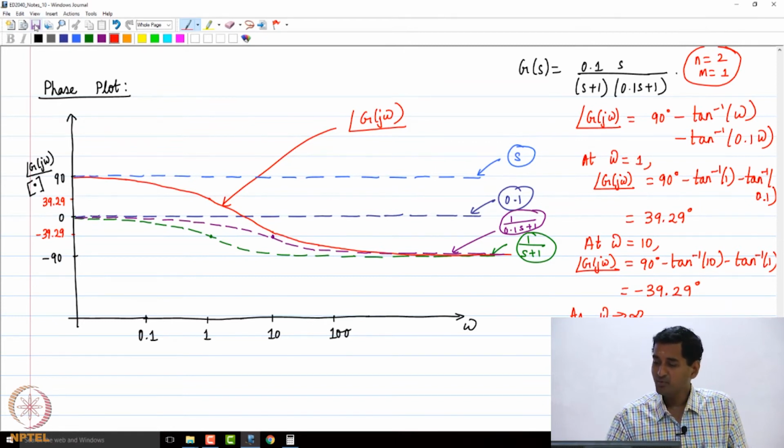So this is the Bode plot, and it becomes very important because many times you want to experimentally determine the transfer function of the system. What we have been doing in this course is using physics to derive mathematical equations in the form of linear ODEs, then taking the Laplace transform, then getting the transfer function.